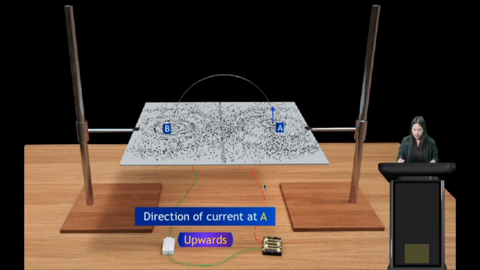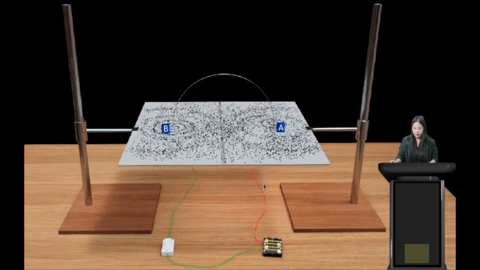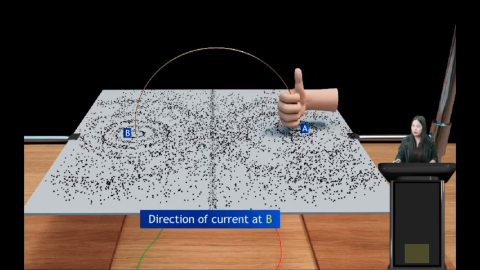Now if the direction of current is upwards, what will be the direction of the magnetic field lines at point A? We can determine it by using the right hand thumb rule. If we hold this conductor in such a way that our thumb is in the direction of current, then the fingers curled around the conductor will show the direction of magnetic field lines.